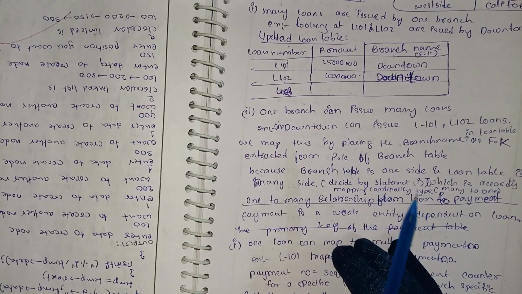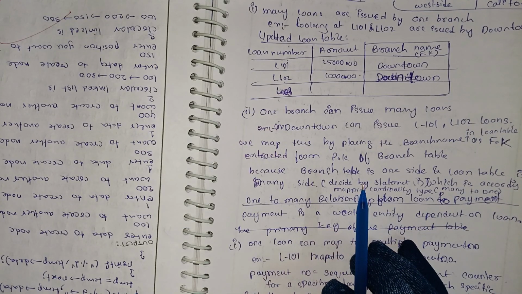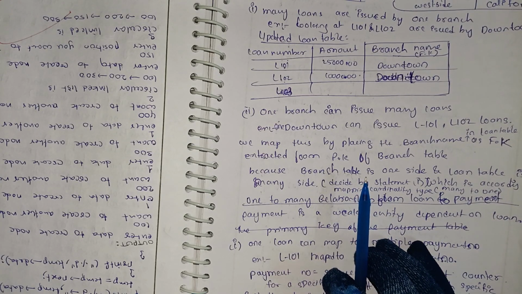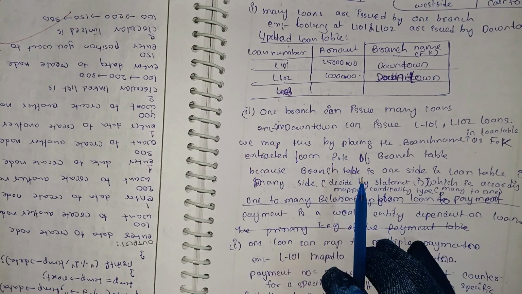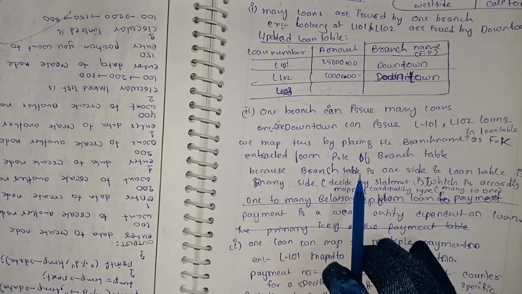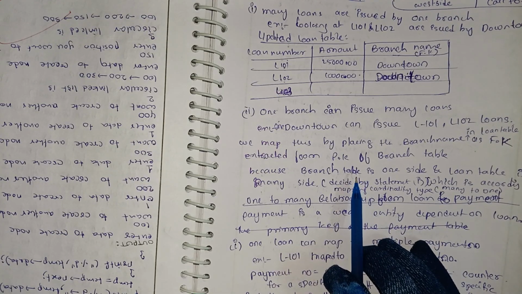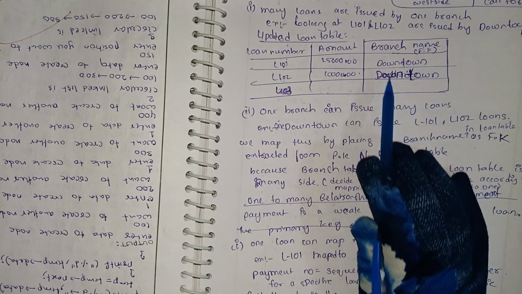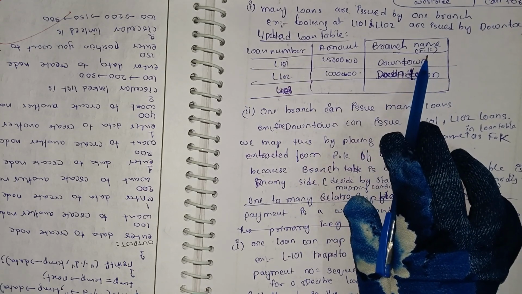So the primary key is taken from the one side table and placed in the many side table, that is loan table, as a foreign key. That's the rule.